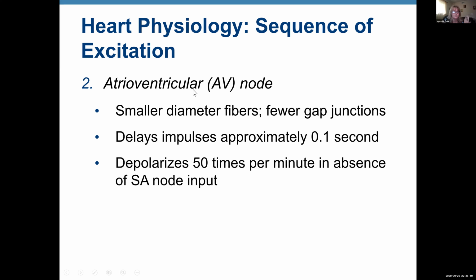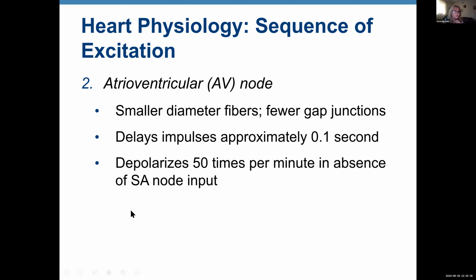If we have SA node that is not functioning, why wouldn't it function? For example, if a patient had a heart attack, because stroke is related to your brain. So the patient has either ischemia or heart attack, and some of these cells in SA node are damaged and died, for example.